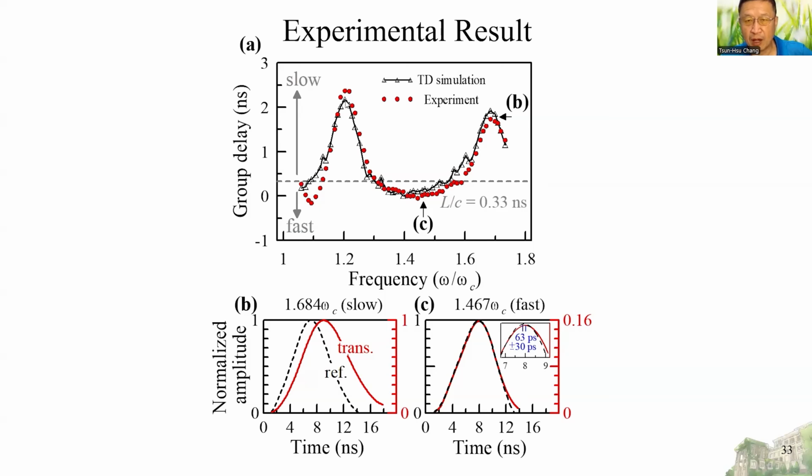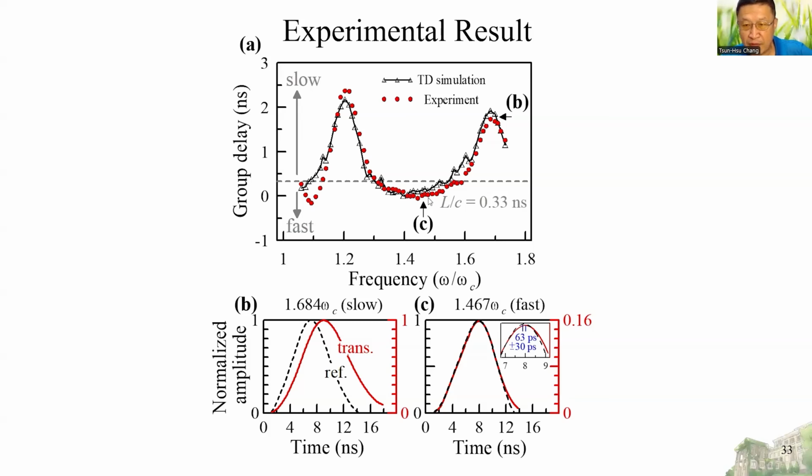Above this line is slow wave, propagating very slowly. So let's look at this case. Here, for example, is a slow wave: incident signal, transmitted signal, delay. So the wave takes a lot of time, but the transmitted amplitude is about the same as the incident wave.